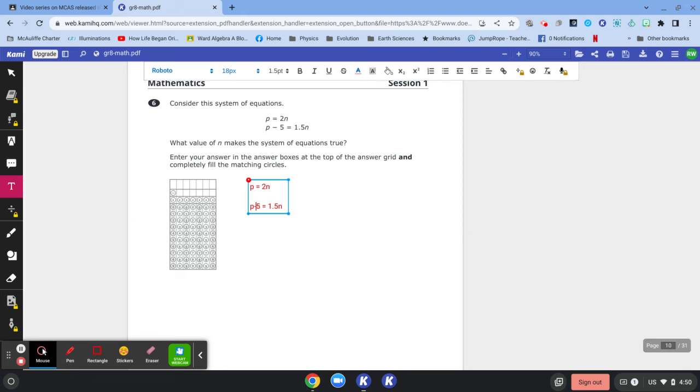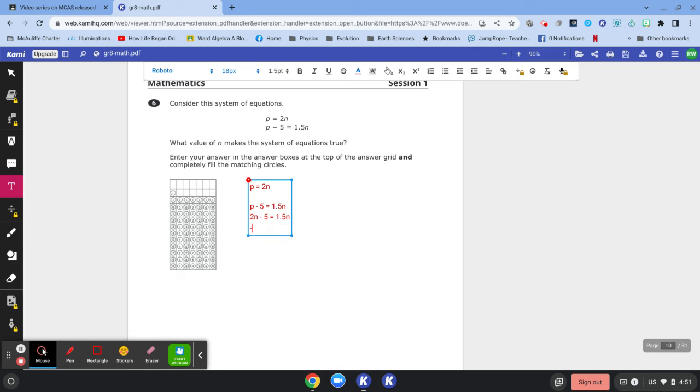Okay. And we can just replace p with 2n. And now we will have an equation that just has n as a variable, and we can solve for it. All right, so it's 2n minus 5 equals 1.5n.